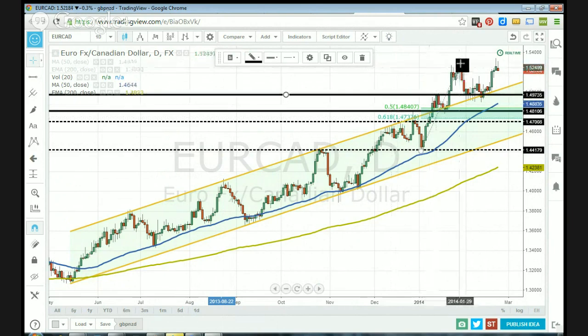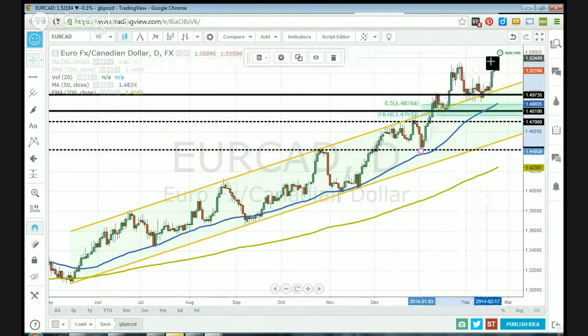Let's also redo our Fibonacci from there to there, and from this swing low. Yeah, so if we fall back to 49.75, and especially if the 50 moving average can get there, that could be an interesting buying opportunity.